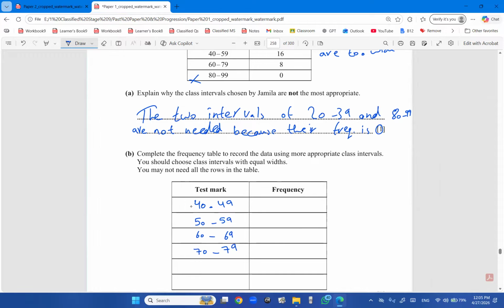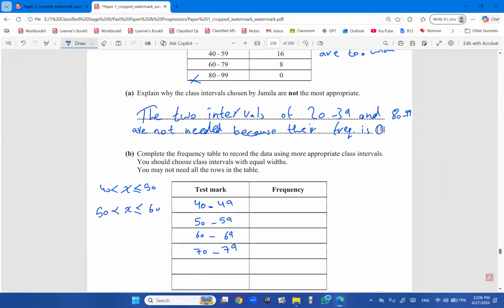The most important thing is that you do not repeat a number. It is not like the inequality. The inequality would say greater than 40 and less than or equal to 50, then greater than 50 and less than or equal to 60.